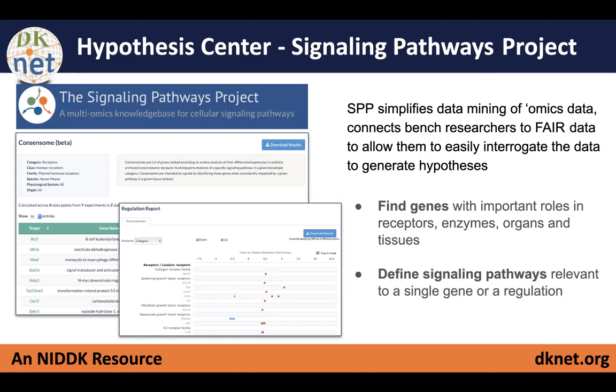And that allows them to basically provide a user interface where investigators, researchers, students can come in with genes of interest, look at receptor families, look at signaling pathways and how genes in those pathways are regulated.